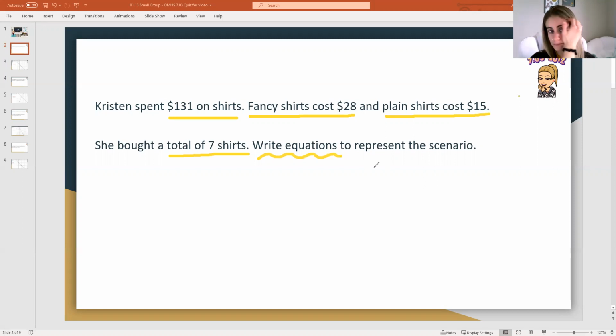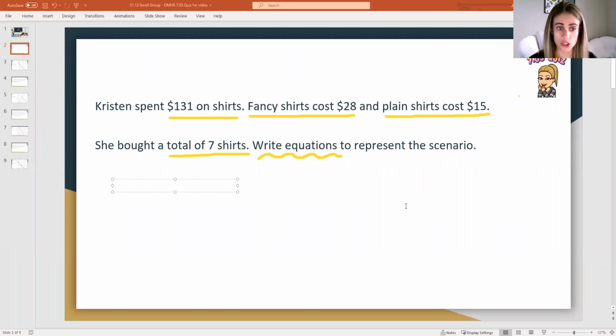All right, whenever I go through a problem, the first thing I like to do is identify my variables. So my variables are the 2 pieces of information I'm dealing with. And a lot of times it's that missing information. Okay? When I look at this, I see that we have 2 types of shirts.